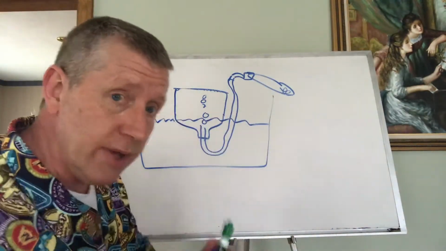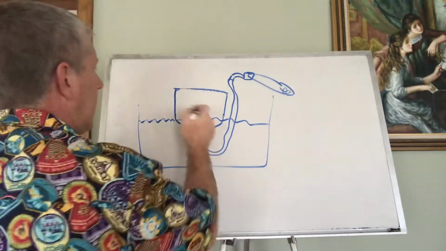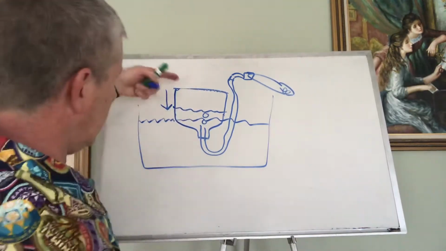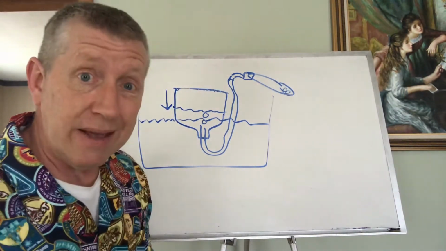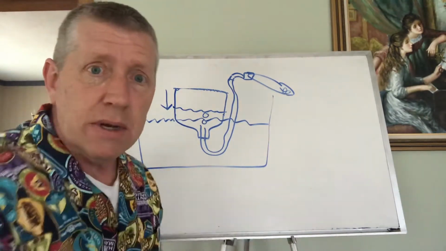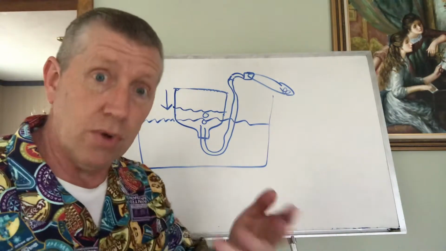You can read the volume in the flask. So let's say the reaction stops and the water level is going down from the top to here. You can take that reading of the volume and determine how much gas you've collected. So you collect gases over water because you know how much volume you collected.